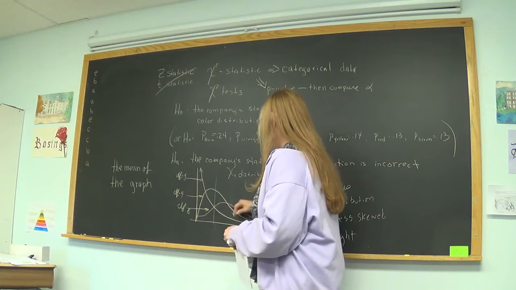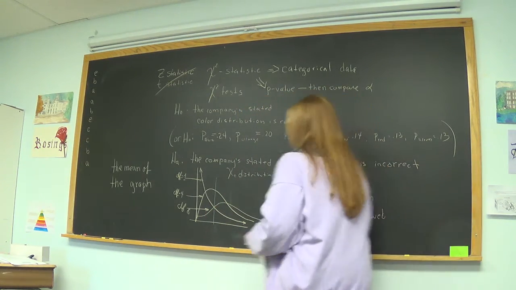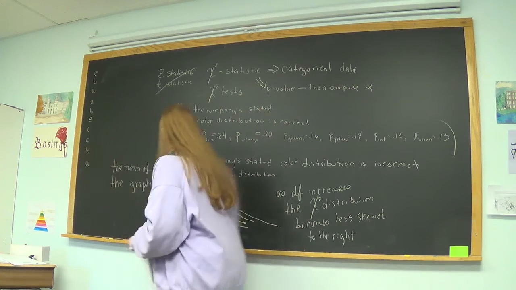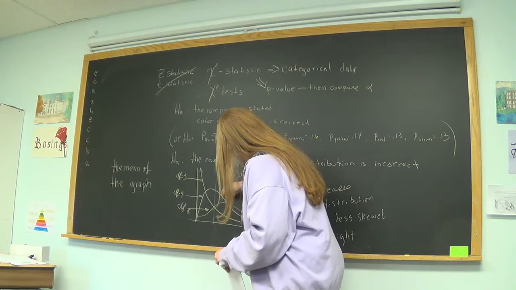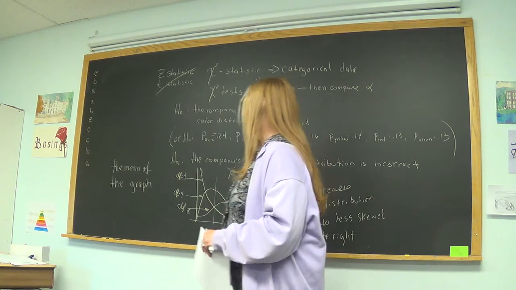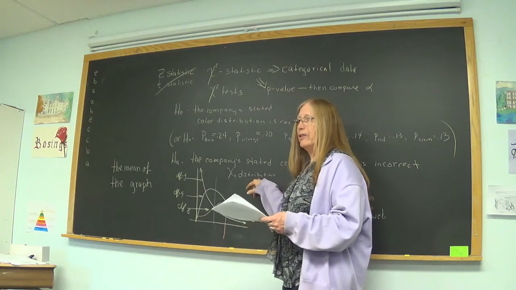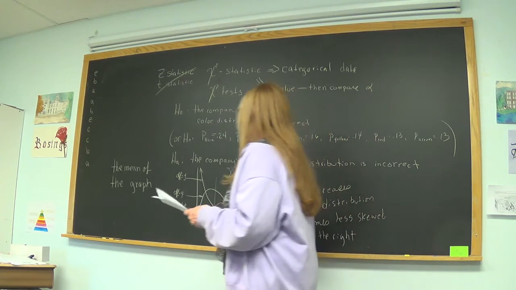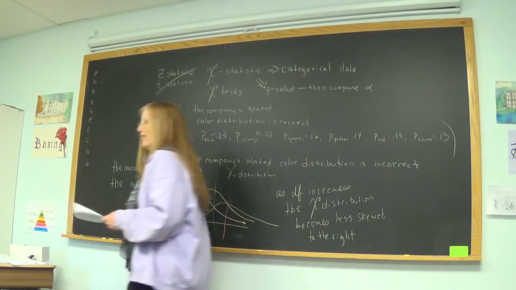And the mean of this one, since it's less skewed, would be more toward the top of the hill. So maybe here's the top of the hill, so maybe like here. The mean of a chi-square distribution graph equals the degrees of freedom, which is quite shocking.